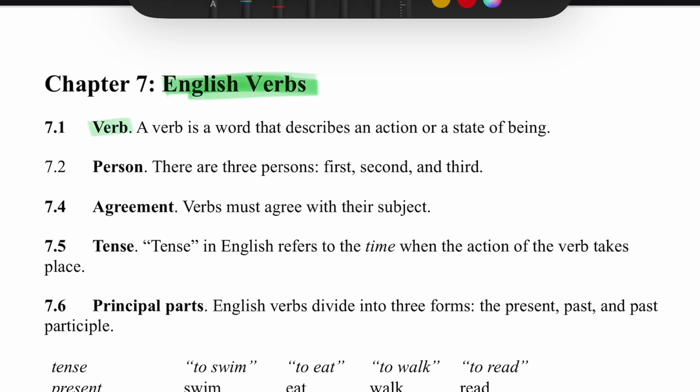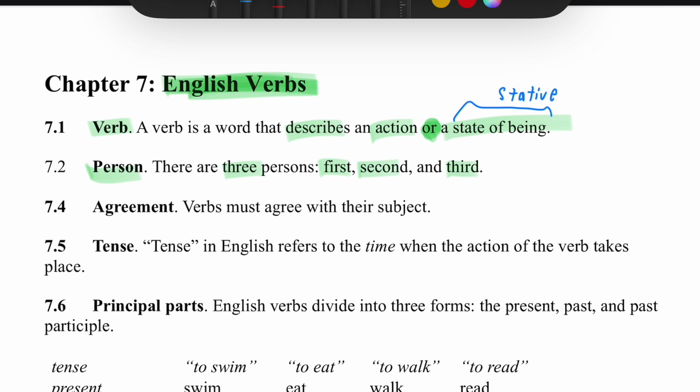So a verb is a word that describes an action or a state of being. Those state of being verbs would be stative. And verbs have person, number, and tense. An example here of person: there are three persons in English. Those are first, second, and third persons.